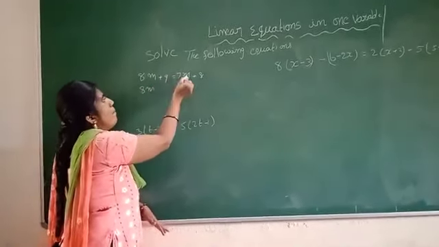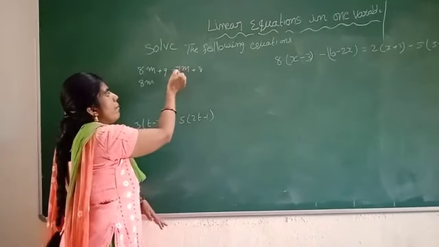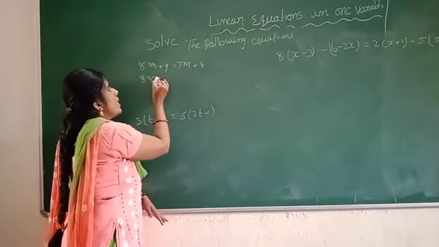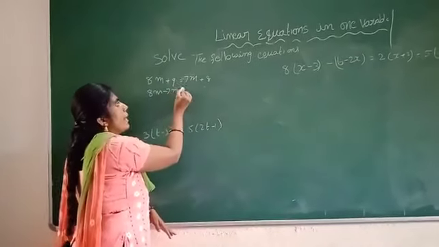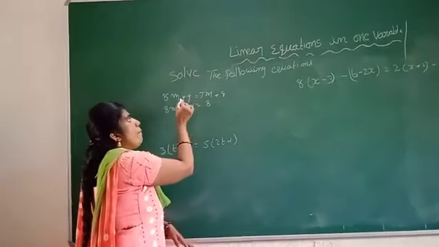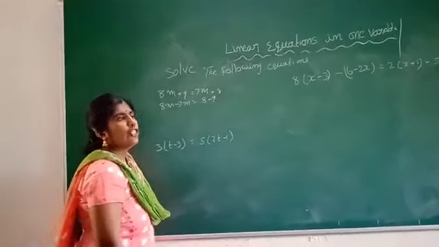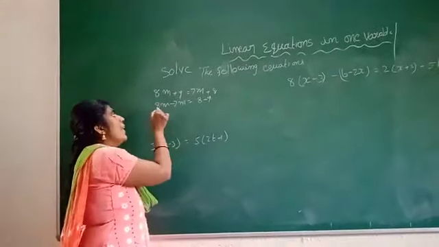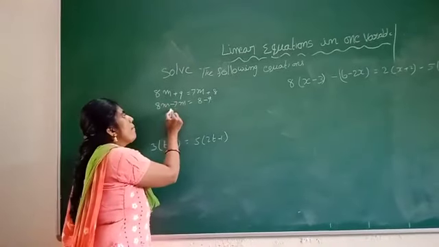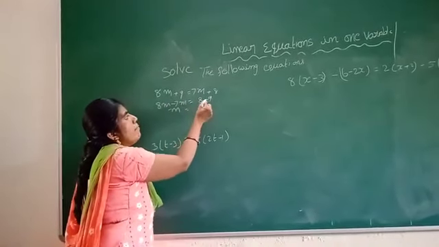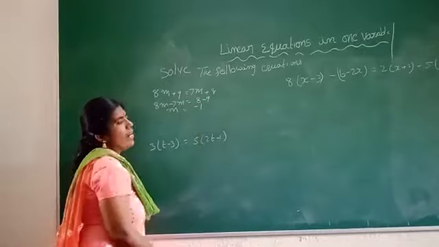8m plus 7m is changed to the LHS and becomes minus 7m. So plus 9 changes to minus 9. 8m minus 7m, m. 8 minus 9, minus 1.